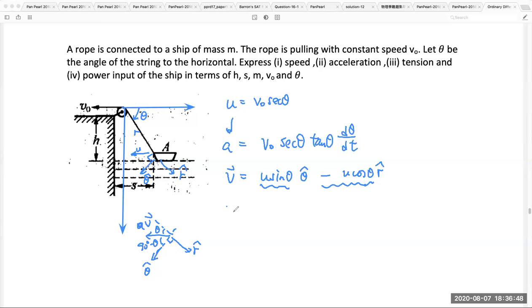Then we can substitute the general form here: r dot r hat plus r theta dot theta hat. So that means r theta dot equals u sine theta. Then theta dot equals u sine theta divided by r.